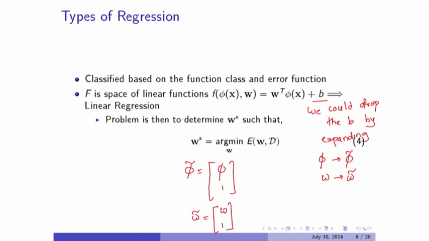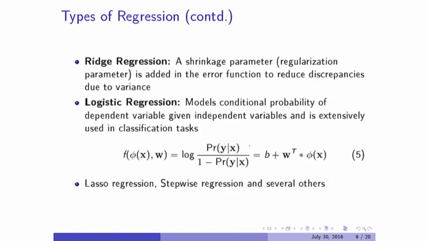So with this parameterization, the problem is to determine w star such that you minimize the error for the weights of the linear function. One might also use the b and do an argmin over w and b. Now what should be the error function? The error function, or the function to be minimized, could be determined based on what is a good or a generalizable model.